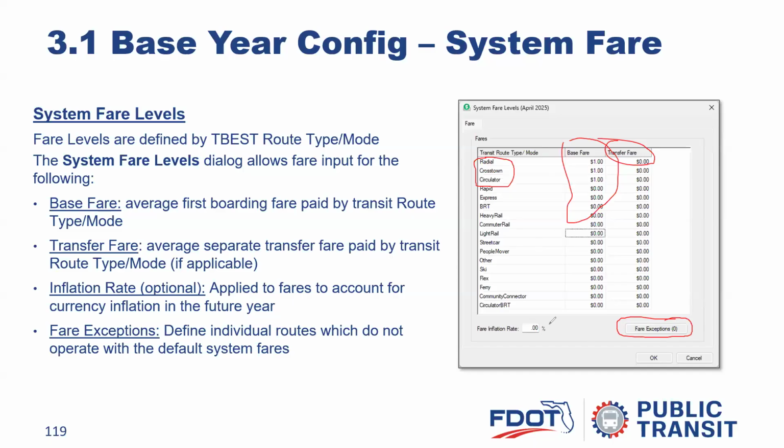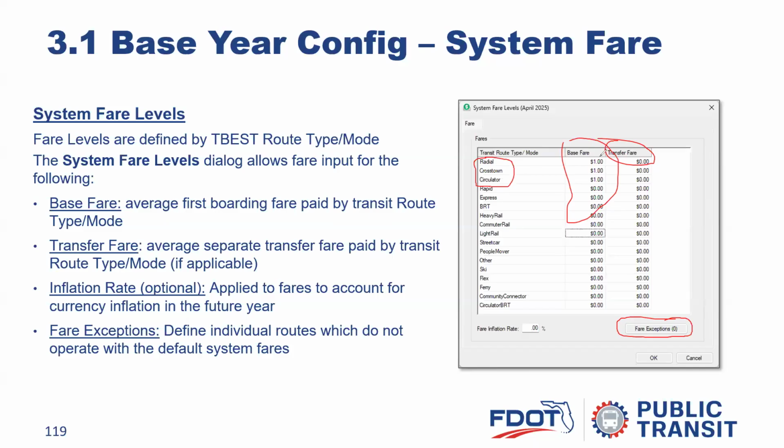You have an inflation rate as well, relative to whatever out year you might have, an inflation rate for the base fare or transfer fare values. I will say that cash fare isn't necessarily representative of the revenue relative to fare, because there are so many discounts available. In a place like Gainesville, where the student fare is subsidized by the university, they aren't receiving any cash fares from those student riders.